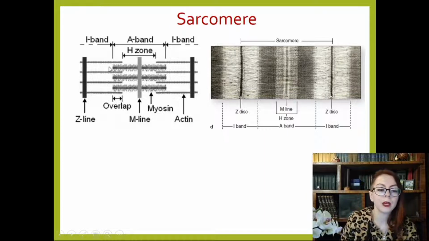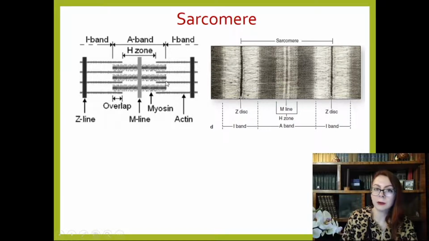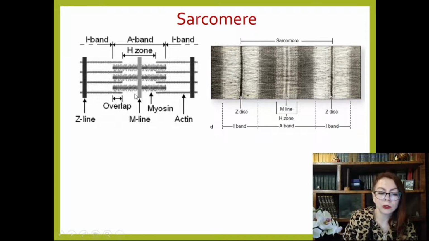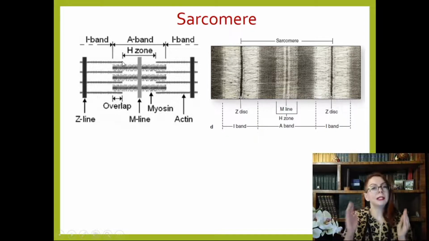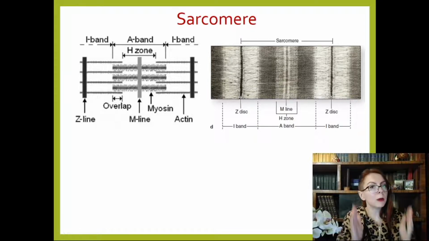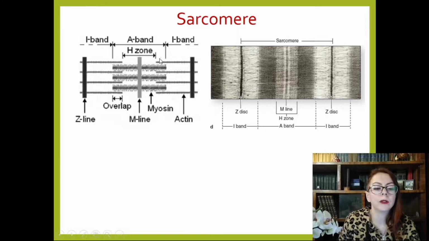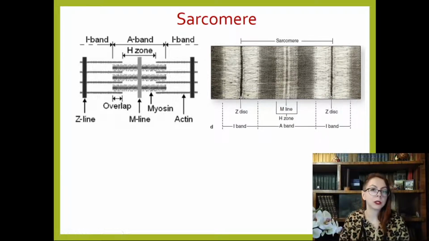Because at the periphery of this dark region, between myosin filaments, actin filaments are located. So at the periphery we have both filaments, while in the center we can see only myosin, only thick filaments. So the central region looks lighter because only myosin is present, while at the periphery it is darker because both myosin and actin are present.